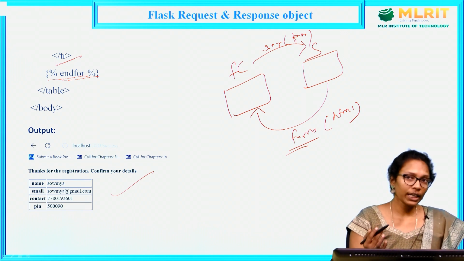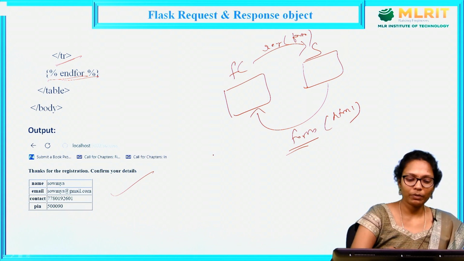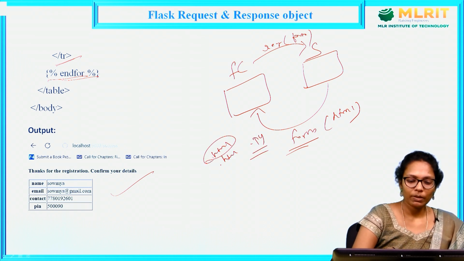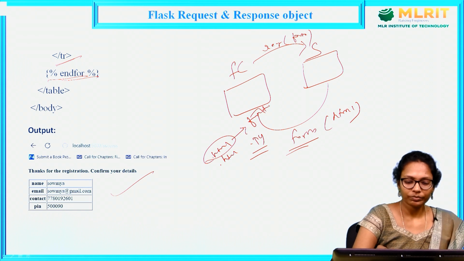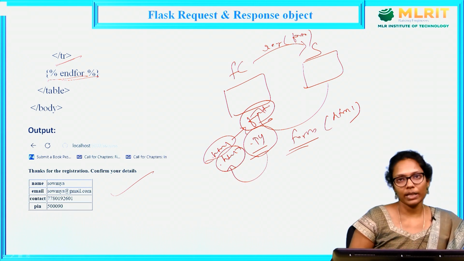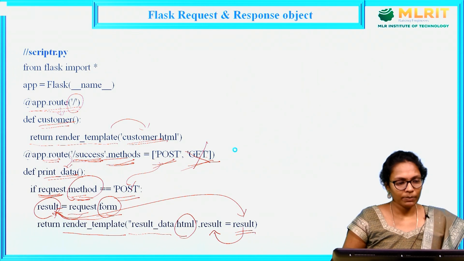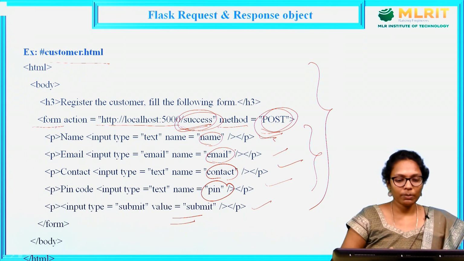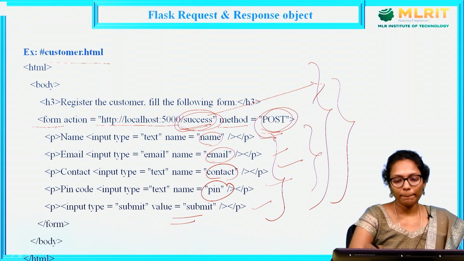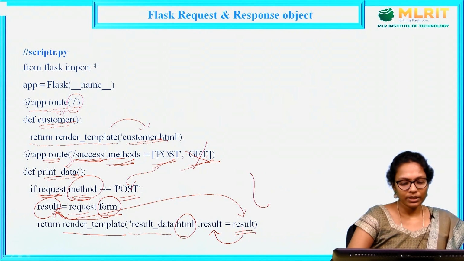What I need to execute in this program: I have 2 HTML files and 1 Python file. The first HTML file is the front end, Python is the back end, and Python is displaying the output in the second HTML file. You can observe here we have customer.html. This is actually the front end. You are entering the details and calling the Python method. What is this Python method doing?